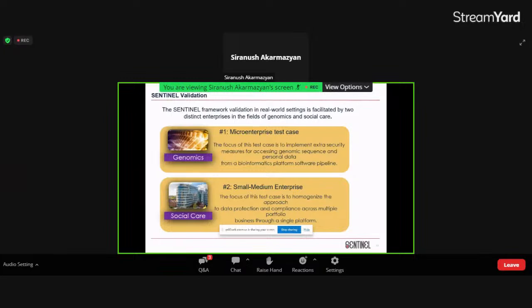They have a particular challenge regarding their security and their personal data platform, and they require extra security measures for assessing genomic sequences and personal data from a bioinformatics platform software pipeline. And the second enterprise is a small medium enterprise, where the focus of this test case is to homogenize the approach to data protection and compliance across multiple portfolio businesses through a single platform.